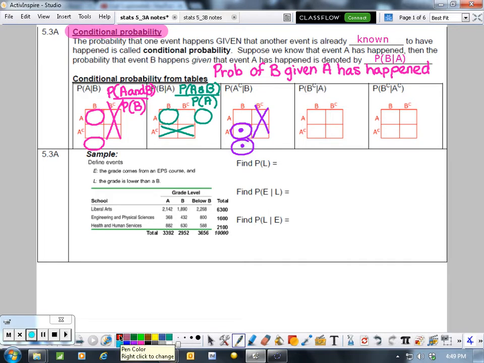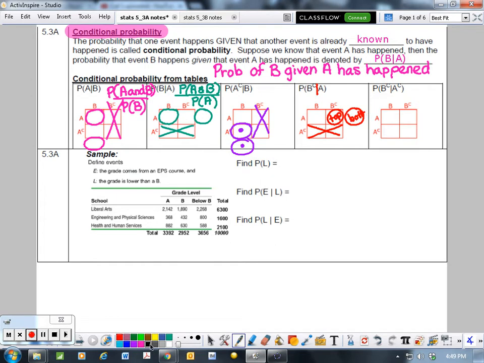Okay, so the next one, the probability of B complement given A. Again, I'm given A has occurred, so I know A complement cannot occur. So I want to know the probability B complement has occurred when I know that A has happened. So this would go on the top, and this would go on the bottom to help calculate my probability.